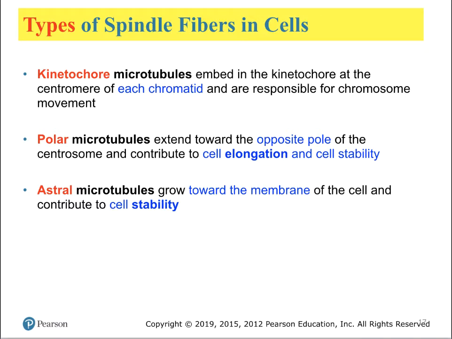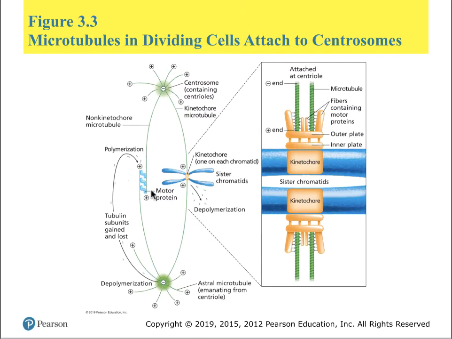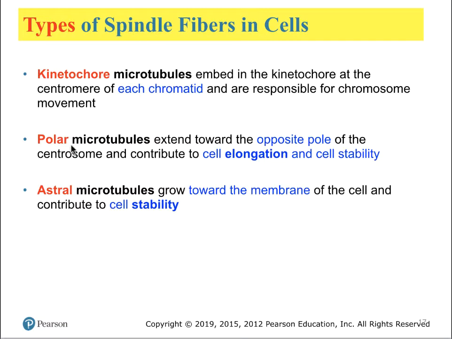of those chromatids. The spindle fibers which reach across to the opposite centrosome, the ones that we indicated here, have a name too. Those are called polar microtubules. And their job is to grow and push against each other, therefore elongating the cell as well as stabilizing the internal structure responsible for separating the chromosomes.